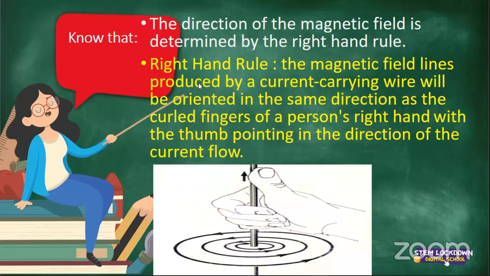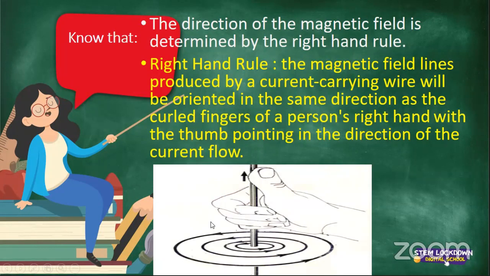So in here, let's look at this diagram. We can see the current is going up and you are holding the current carrying conductor. If your thumb is pointing in the direction of the current, then your curled fingers will be pointing in the direction of the magnetic field.